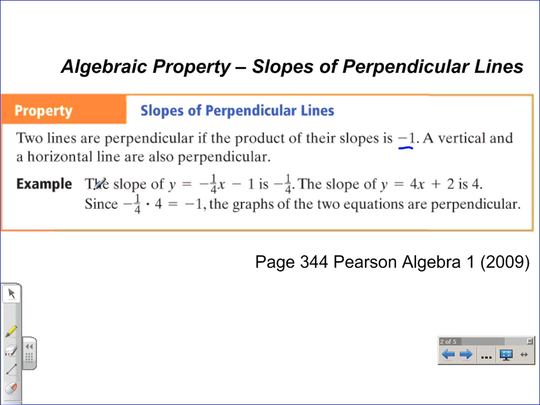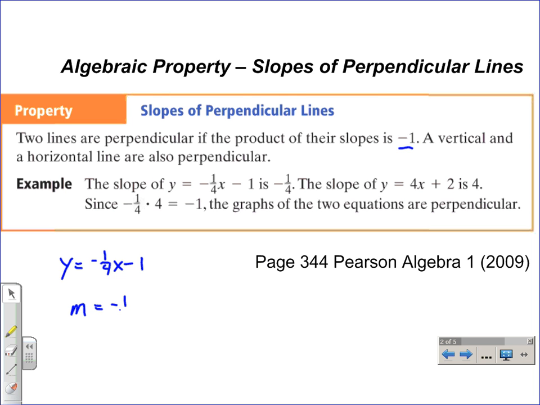Here's a little example. The slope of y = -1/4 x - 1 is -1/4.